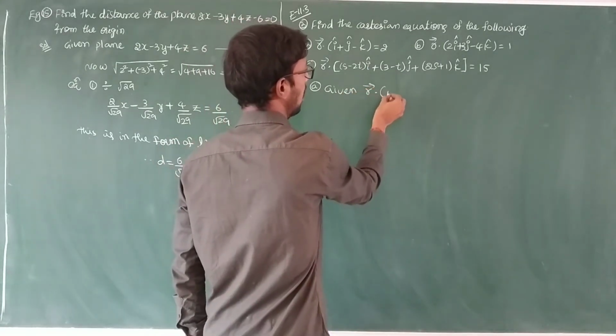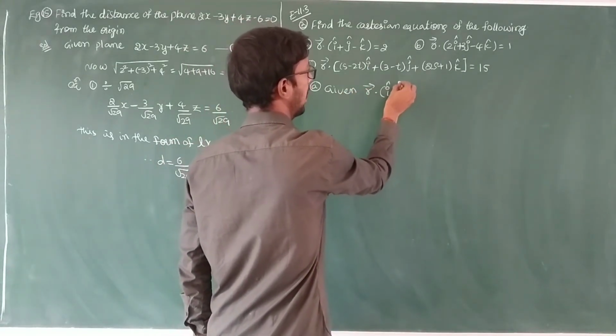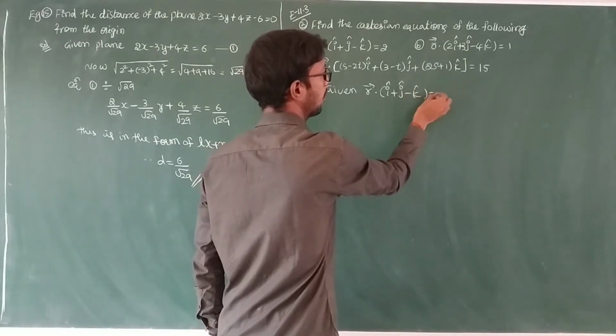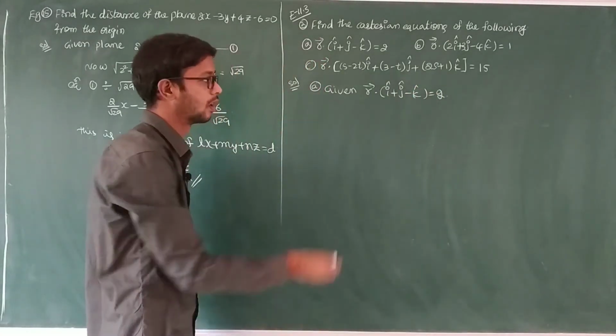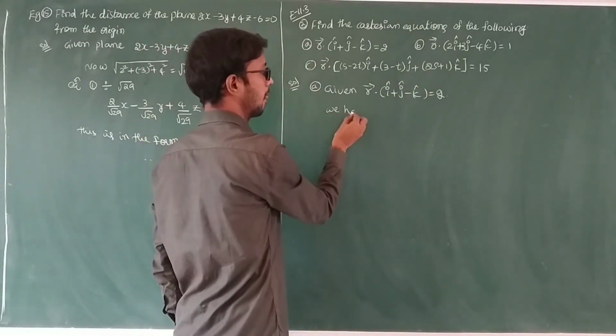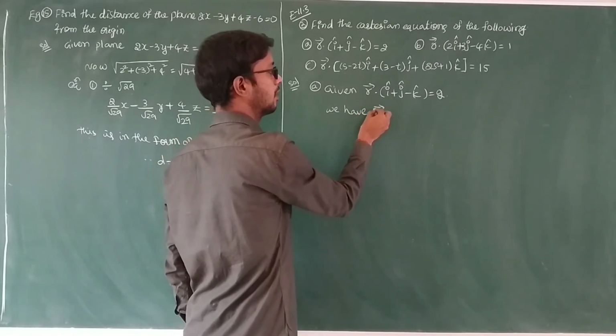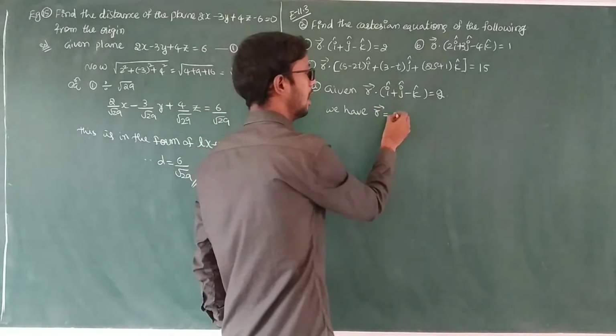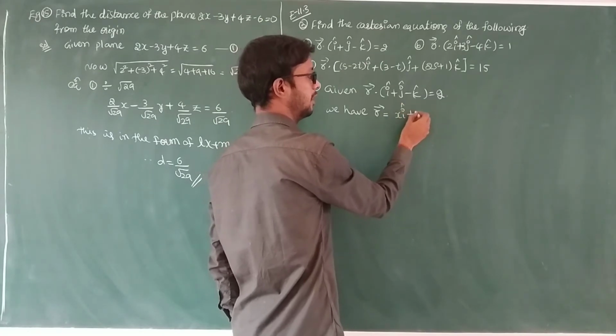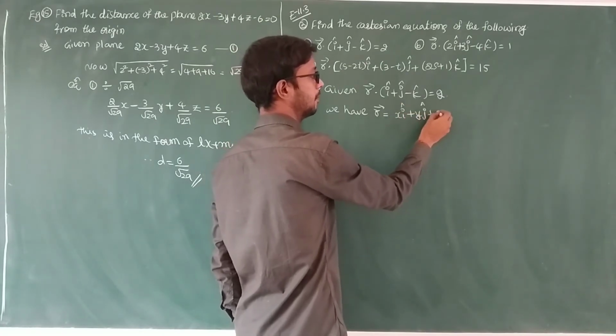R bar dot (i cap plus j cap minus k cap) equals 2. We have R bar, a general position vector, as x i cap plus y j cap plus z k cap.